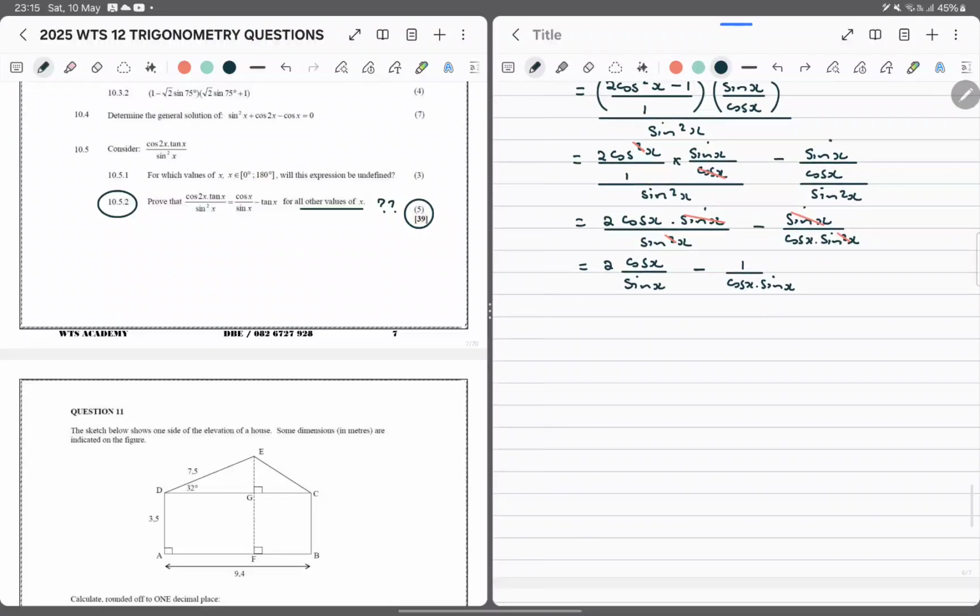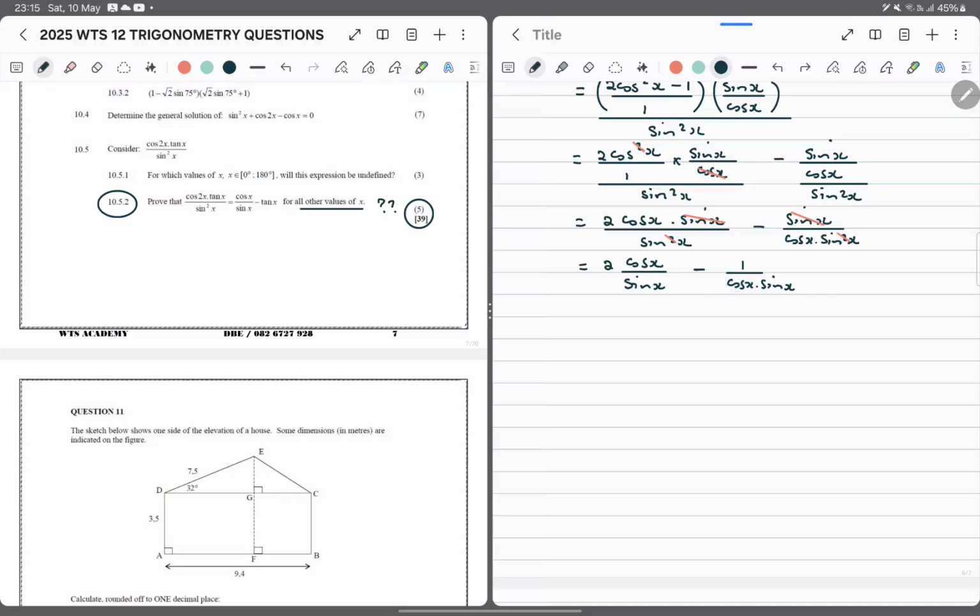Sometimes you may, here's another thing I'm forgetting. You know what? It feels like I can't proceed here. And when I cannot proceed, what can I do? I can actually try to take the right hand side as well and drop it down to something like this. Maybe it's gonna happen, maybe it's not gonna happen.